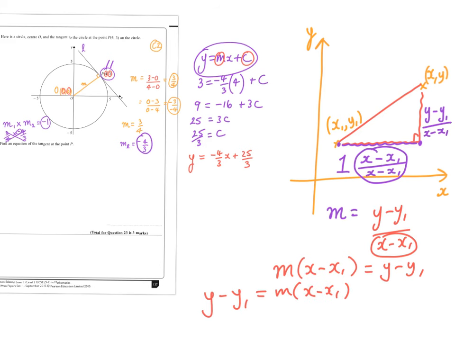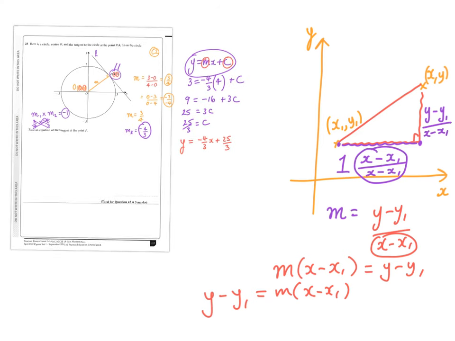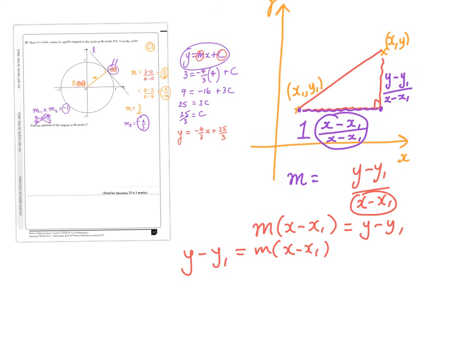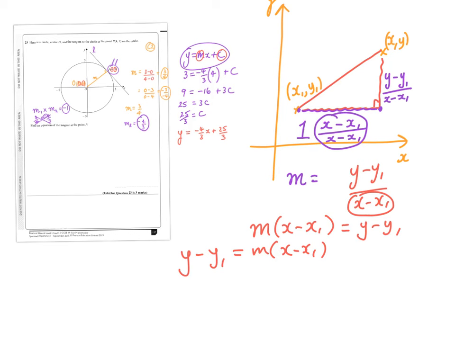Now you might say to yourself, well, why is this formula nice? Well, all you need to do with this formula is to know which point the line goes through, and we knew from the question here, which you probably can't see, but P was 4, 3.